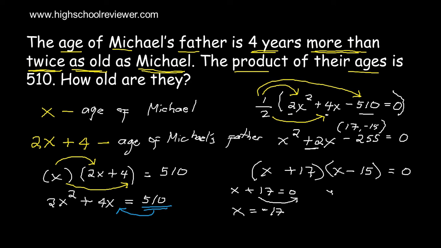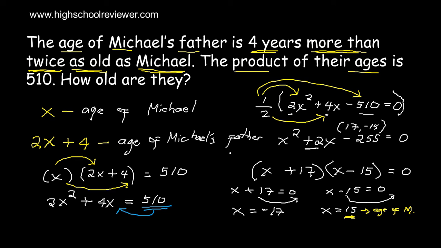And we have x minus 15 equals 0. We will transpose this to the other side, so from negative, x here will become 15. So we are going to use the positive: x equals 15. So 15 will be the age of Michael.